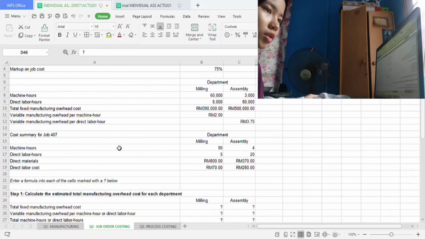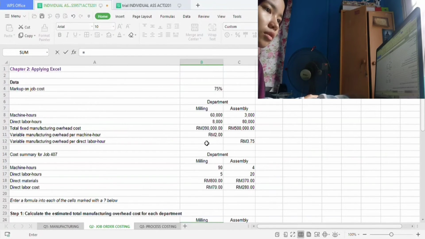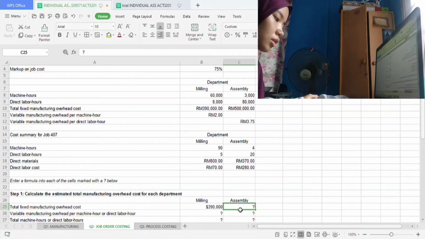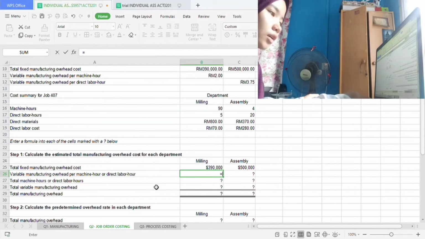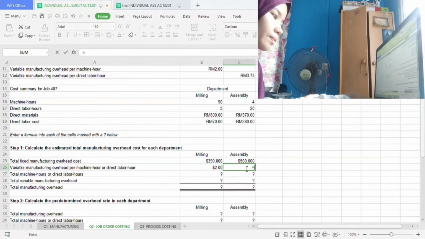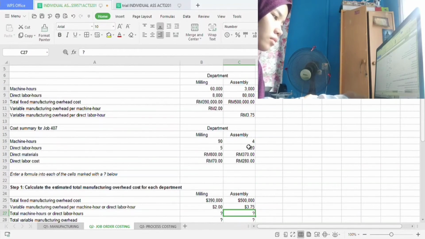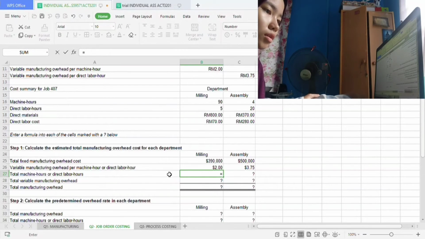Next, job order costing. We start with step 1, total fixed manufacturing cost. Variable manufacturing overhead per machine hour or direct labor hour. Total machine hours or direct labor hours.